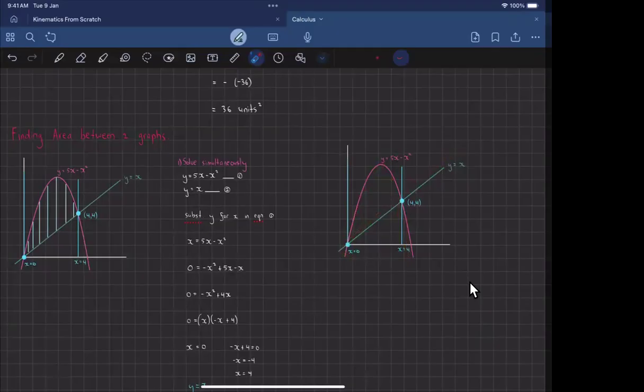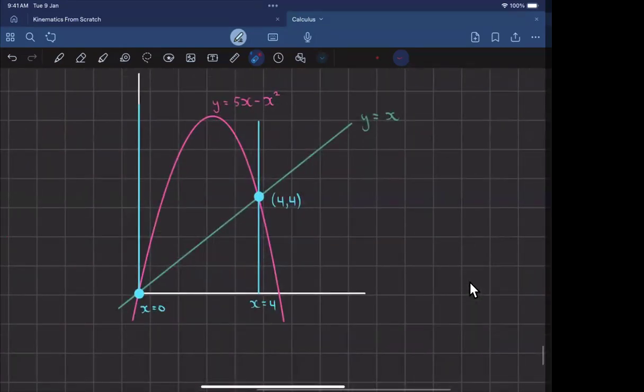So what could I do to figure out this region over here? Let me understand what's going on. So earlier we said that we're going to integrate between these intervals, x is 0 and x is equal to 4. We got those because those were the points of intersection, right?